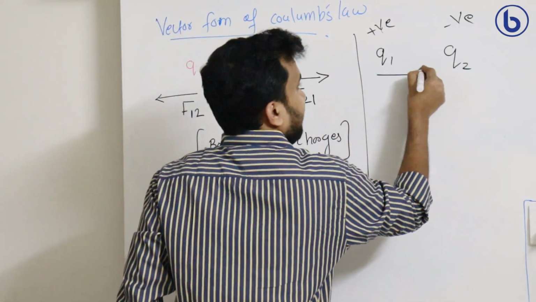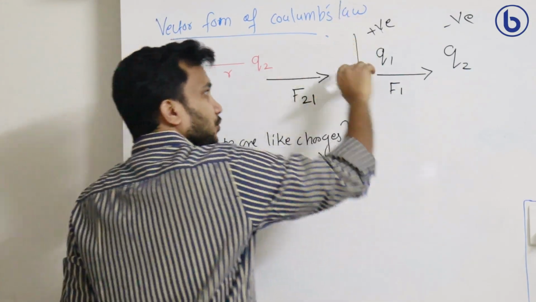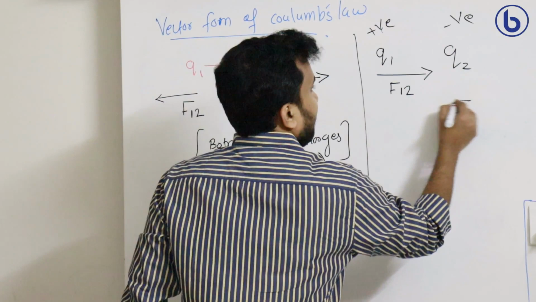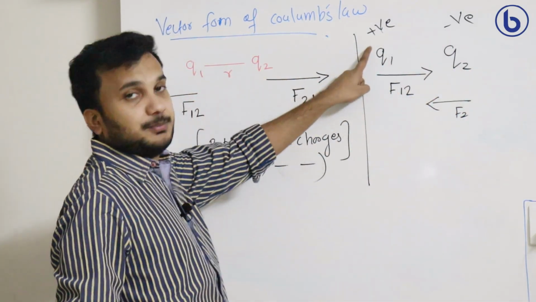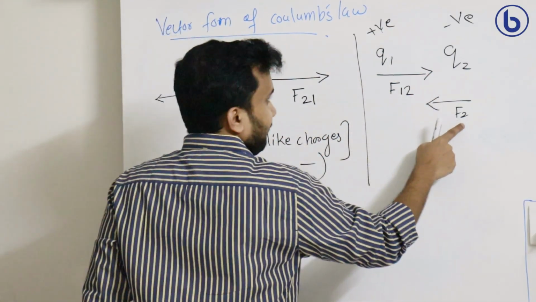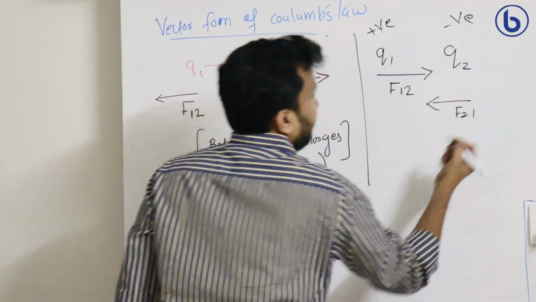So Q1 will be attracted towards Q2 with a force F1 because of 2, F12. Next, in the same way, Q2 will have a force towards Q1 because Q1 is positive, so negative will attract towards positive. This F2 force is coming because of charge 1, so F21.